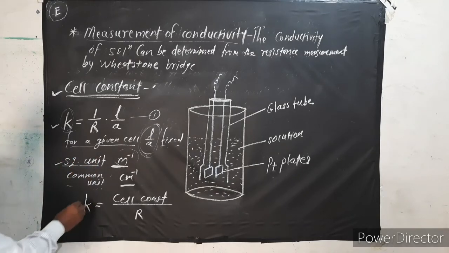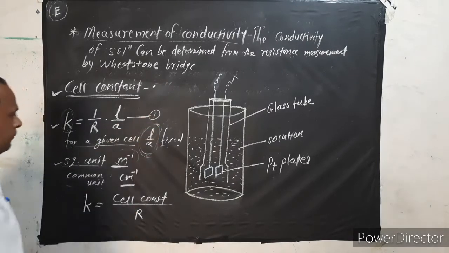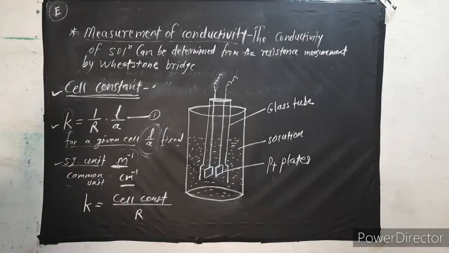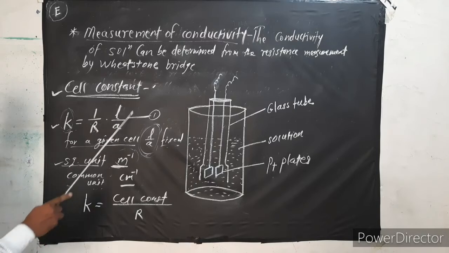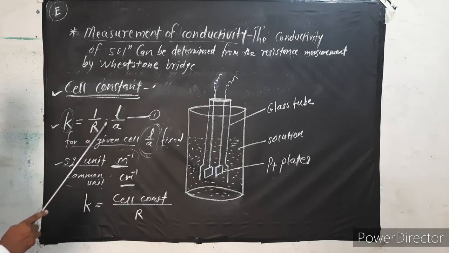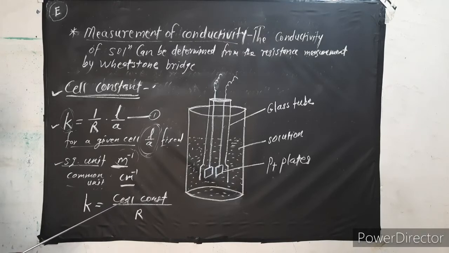Now here, if you see the first equation, K is equal to 1 upon R into L upon A. Now L upon A is nothing but the cell constant. You put this term cell constant here, so this equation converts into this: therefore K is equal to cell constant upon R. So the cell constant, the conductivity of the electrolytic solution and the resistance are related.